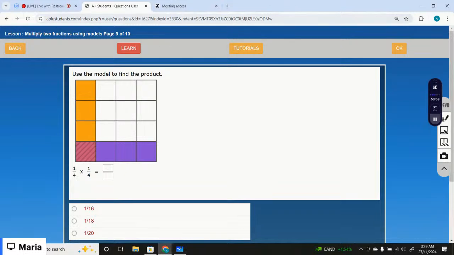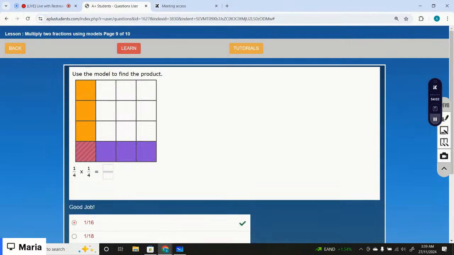That is 1 over 16. Option number 1 is the correct option. Very good.